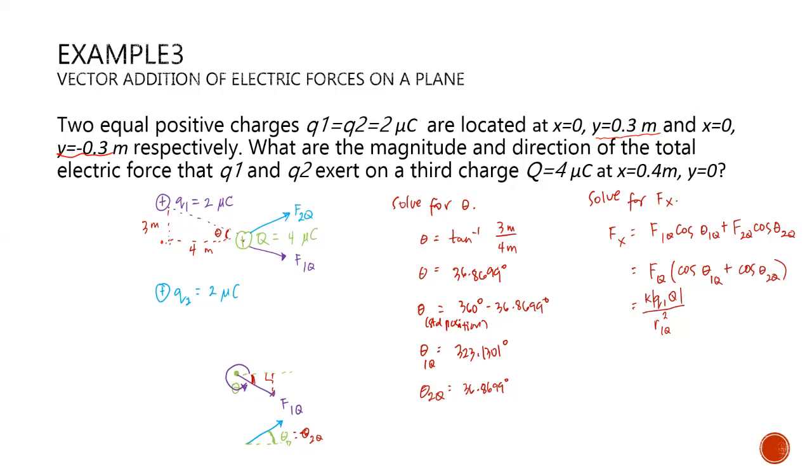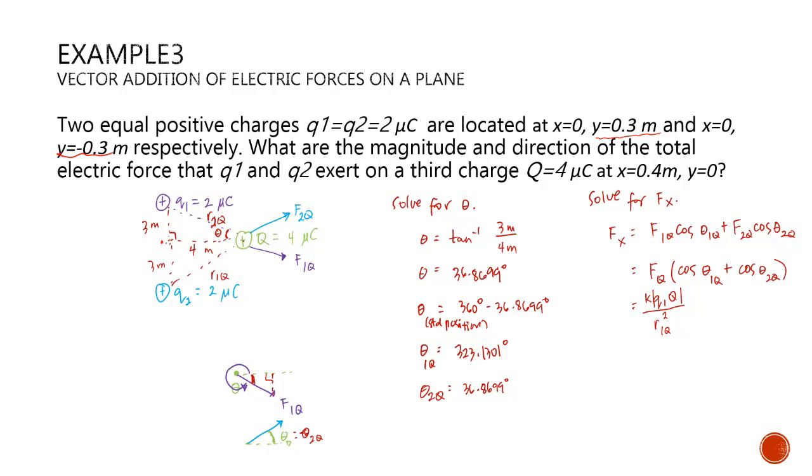The distance from Q1 to Q is equal to the distance between Q2 and Q. It's actually the hypotenuse of this right triangle here. This is r sub 1Q, which is the same as r sub 2Q. They are the same because this is also 3 meters from the origin.